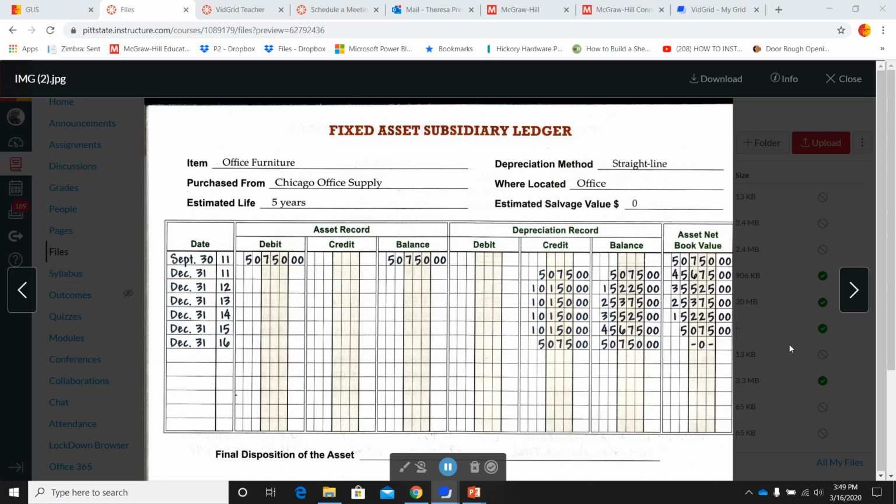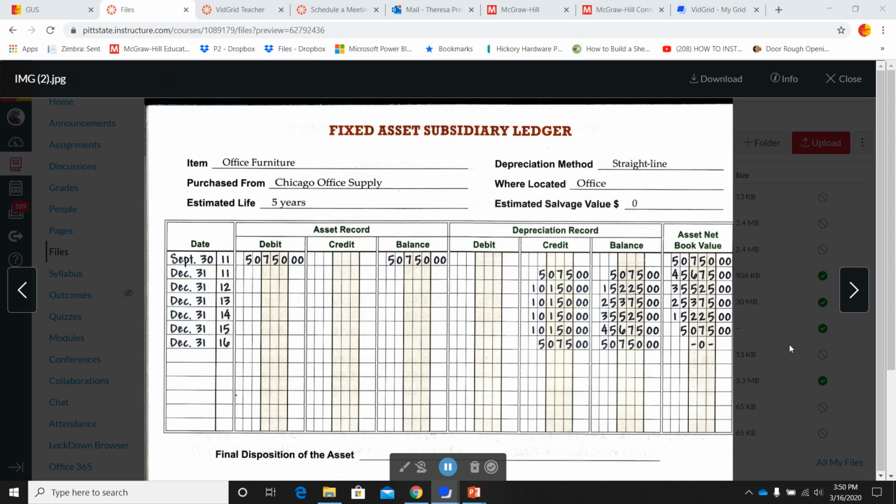I just wanted to give you a kind of a heads up as to what we do with depreciation while we are talking about fixed assets. Your December 31st entry, which you will be doing, will be done as an adjusting journal entry, and it will be done on December 31st of the year. However, we are not there yet.